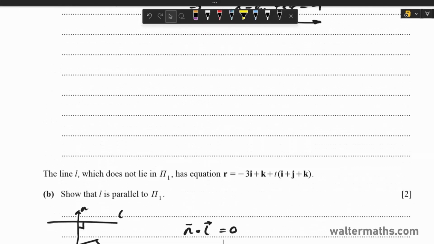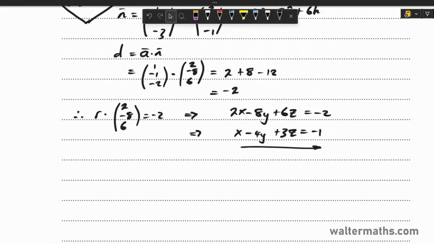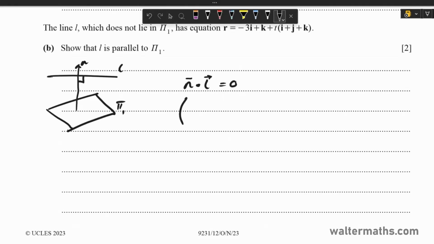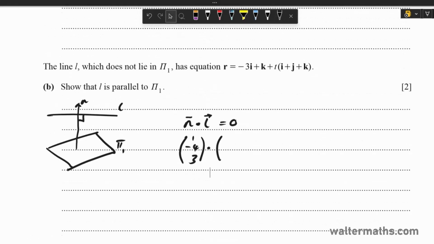Now the normal to the plane, we had gotten that as 2, minus 8, 6, or in simplified form, 1, minus 4, 3. So let's use 1, minus 4, 3 dot the direction vector of L, which is 1, 1, 1 in column vector form.